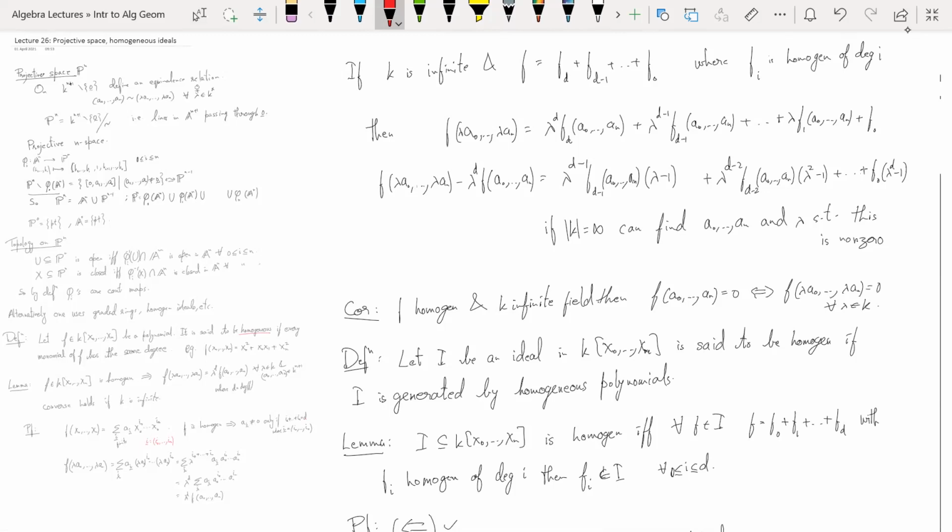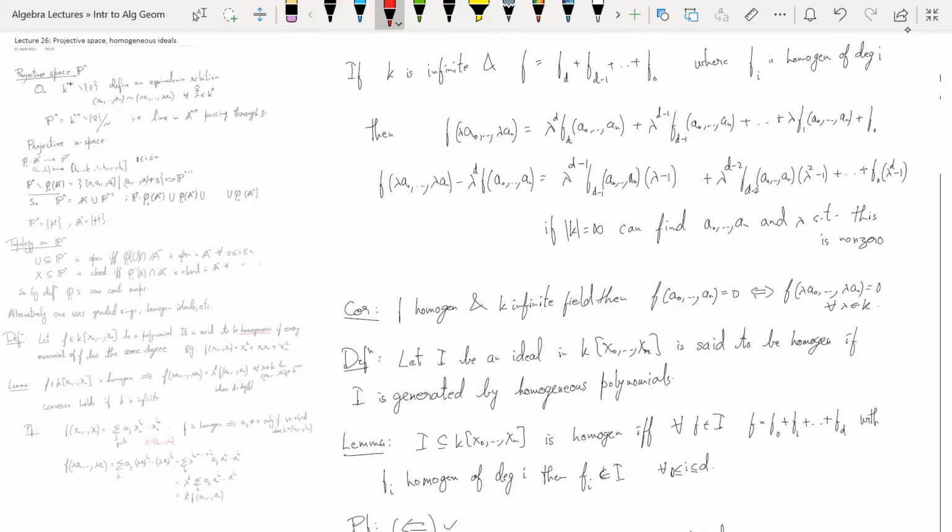Any polynomial you can write as the constant term plus all the degree 1 monomials collected together, then all degree 2 monomials, up to degree d monomials. Here f_i is homogeneous of degree i. Then you plug in λa_0, ..., λa_n.